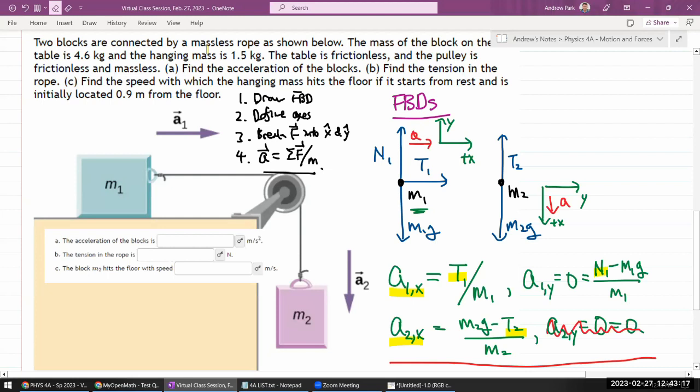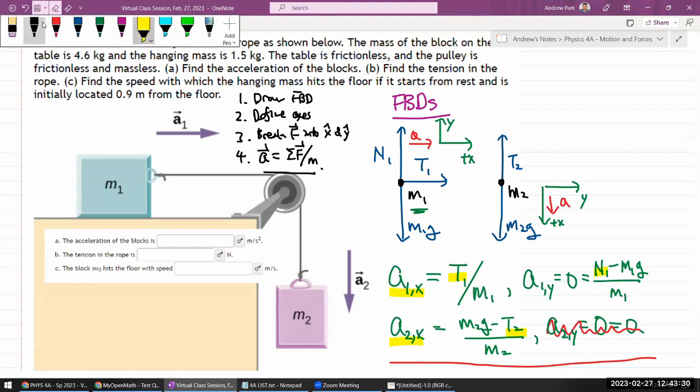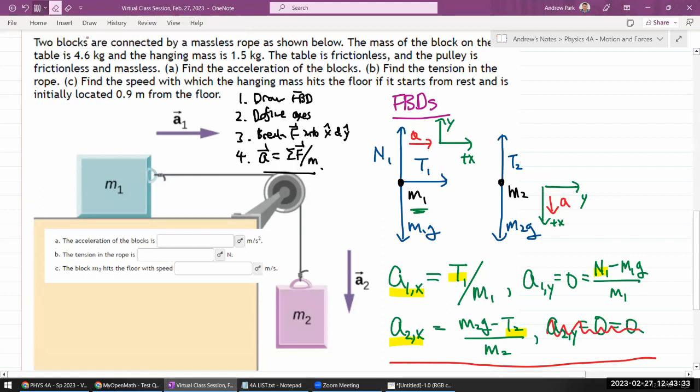So this is where you should spend a little bit of time to think through the setup and see if you can simplify it a little bit further. One thing that a lot of people will get intuitively if you take the time to think this through is the relationship between acceleration A1 and acceleration A2. These things are connected by a string.